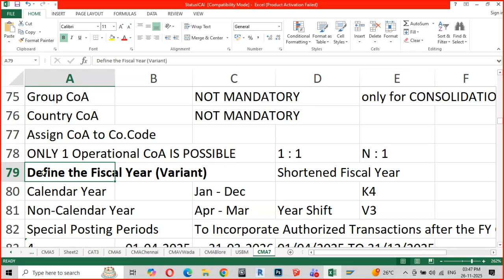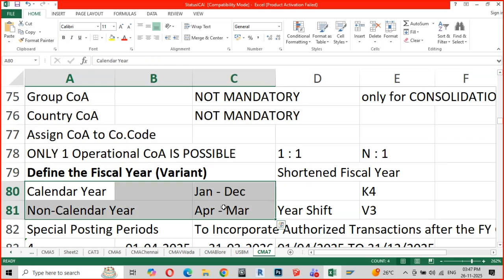Now, fiscal year variant. The next most important information we provide from the finance perspective is to let the SAP system know what your business financial year is. Are you following the calendar year or the non-calendar year?